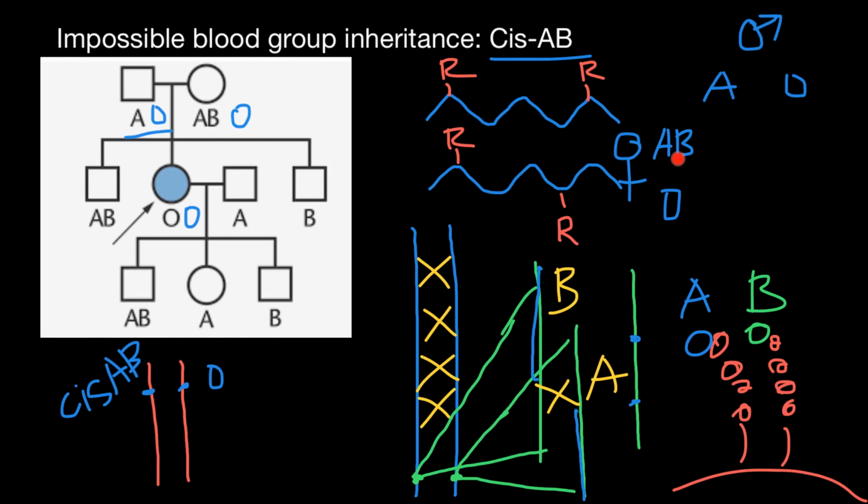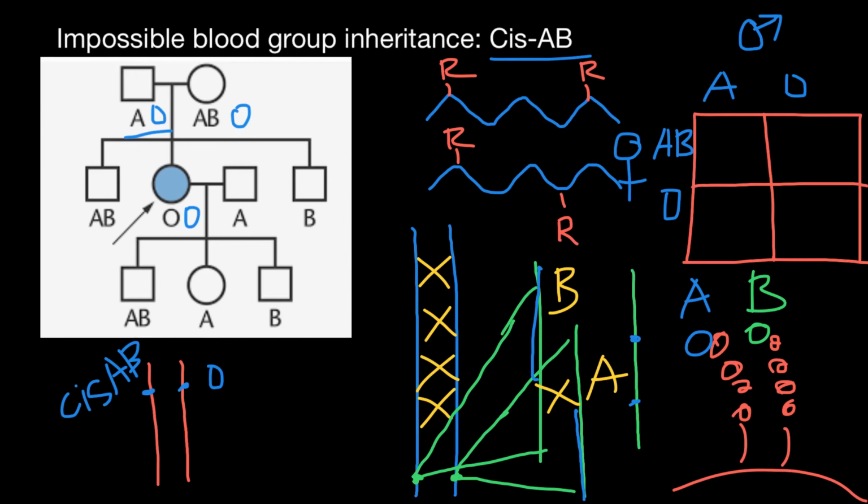And still this person has just 2 alleles. One is just Cis AB. And now let's build a Punnett square, and let's take a look at what's going to happen in their progeny. So one parent can give A allele, another AB.